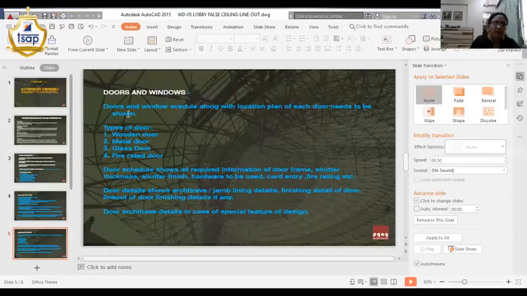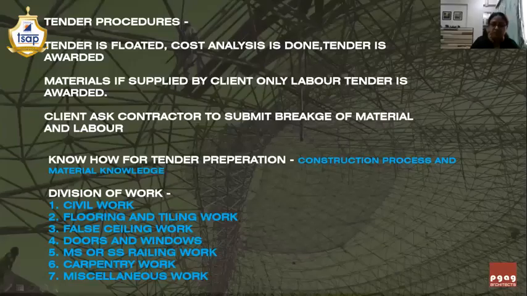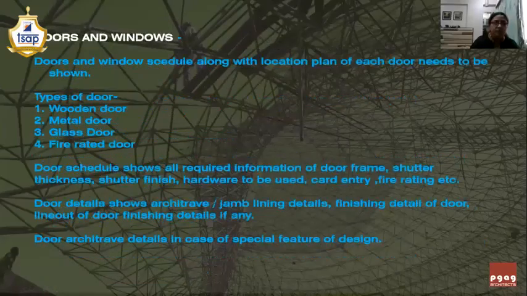Now going ahead with the doors and windows. Once we are through with the false ceiling work, we are supposed to show all the doors and windows for that particular area. Doors can be of wood, of metal, then the glass door or the fire rated door.